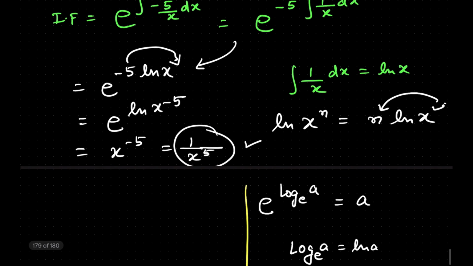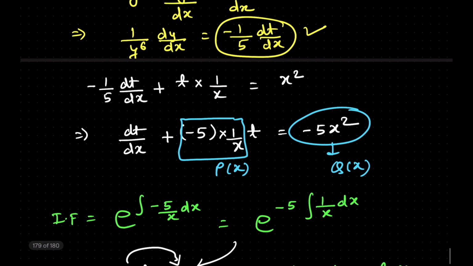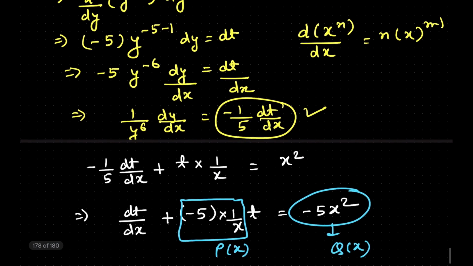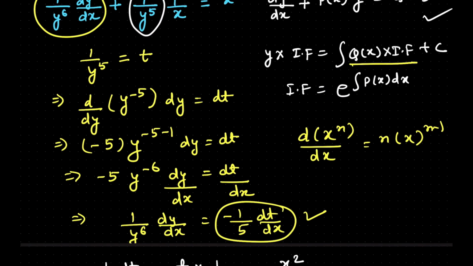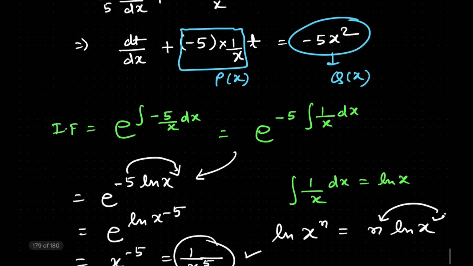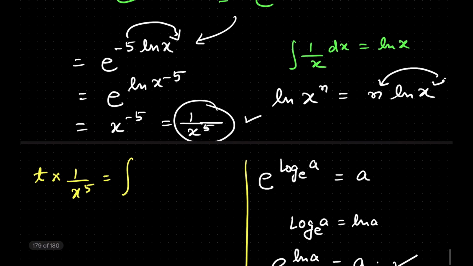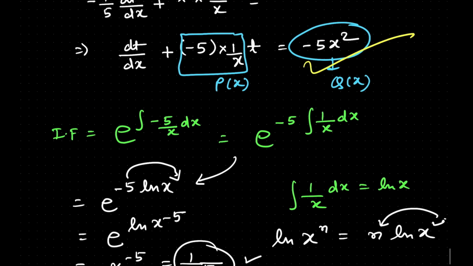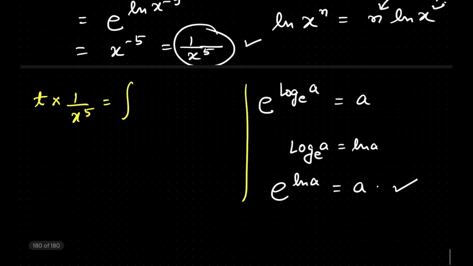So we will write t into the integrating factor, 1 by x to the power of 5, equals the integration of Q(x) multiplied by the integrating factor. Our Q(x) over here is -5x square. You can see clearly here Q(x) is -5x square, and we multiply by the integrating factor, that is 1 by x to the power 5, dx, and finally we add a constant of integration.